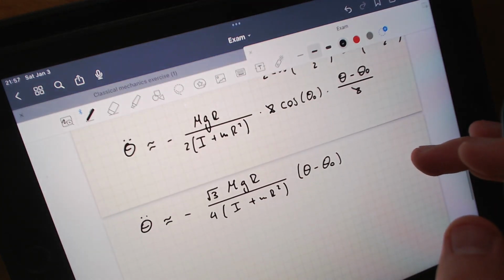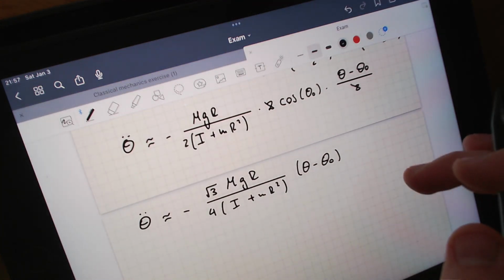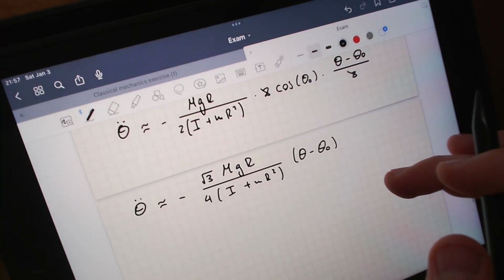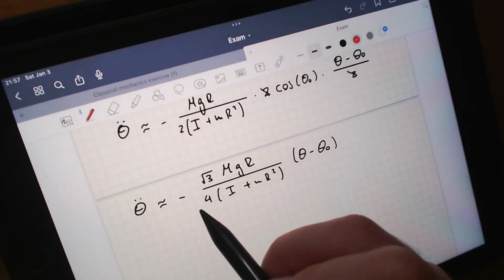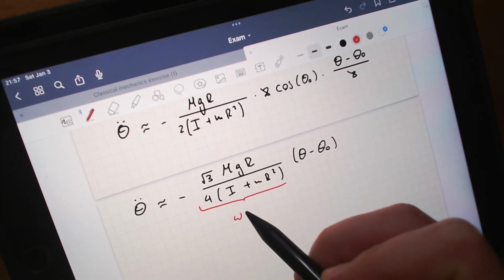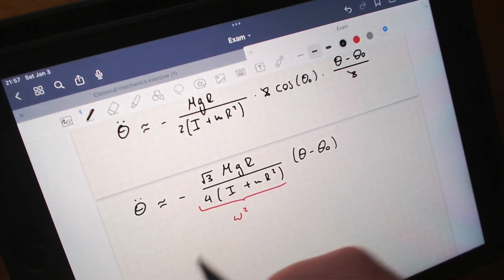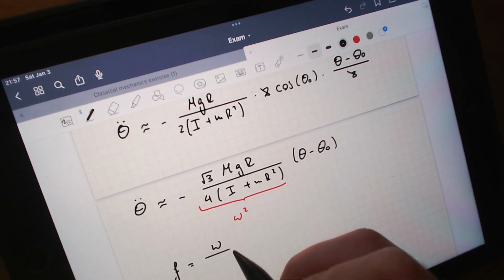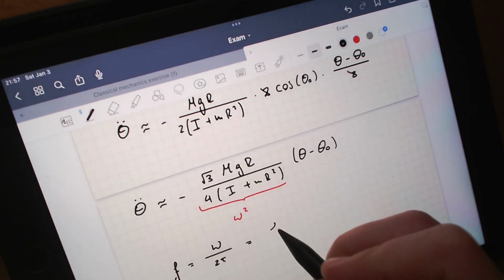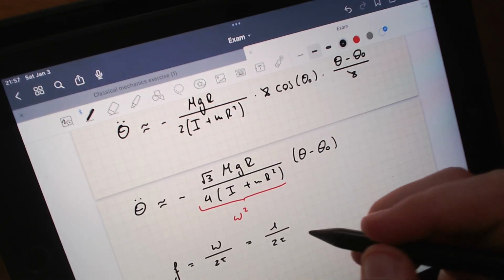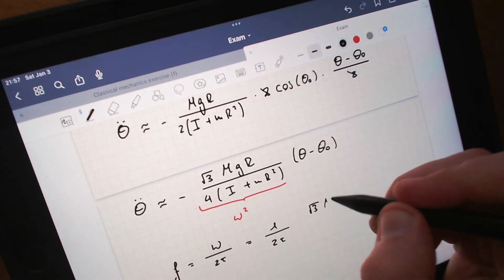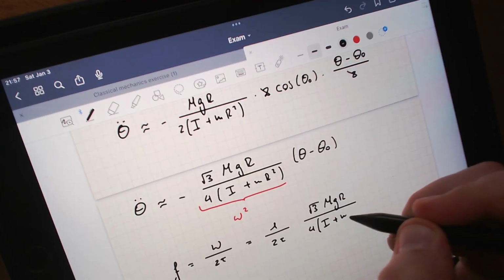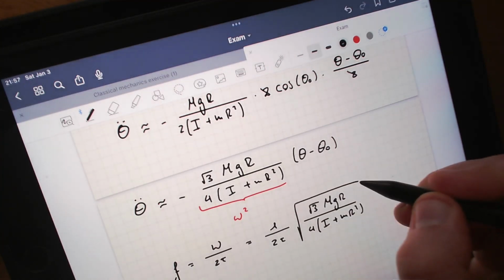Okay, so this is the final result, and this is basically a harmonic equation where here we have omega squared, so we know that the frequency, which we have to find, will be omega over 2 pi, so that means that we end up with 1 over 2 pi, and then we have this result under square root.